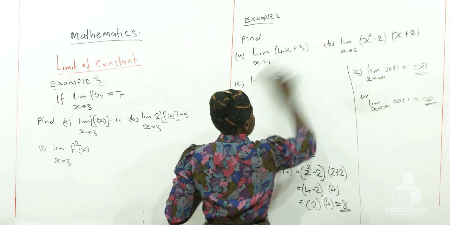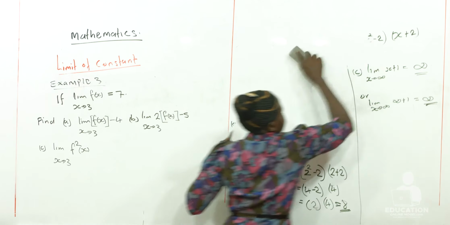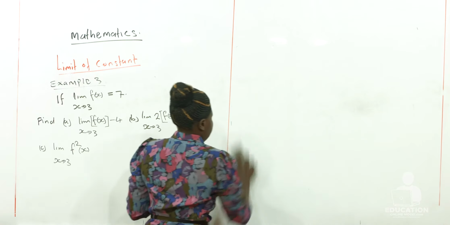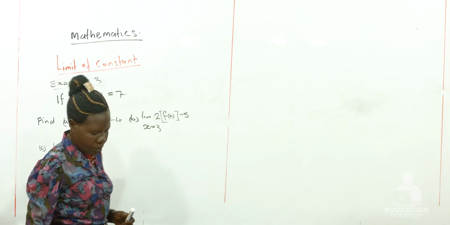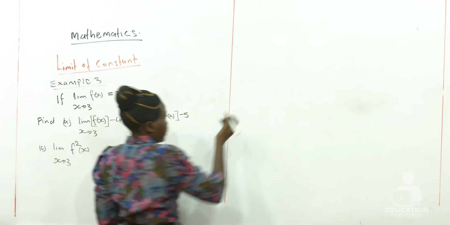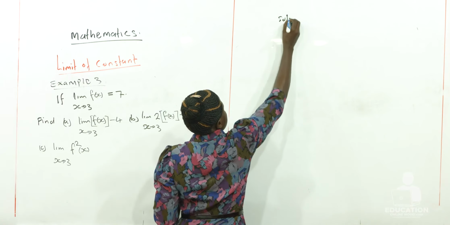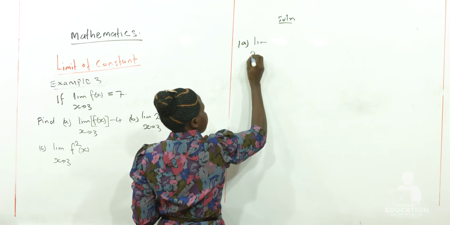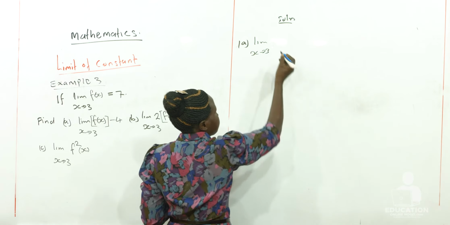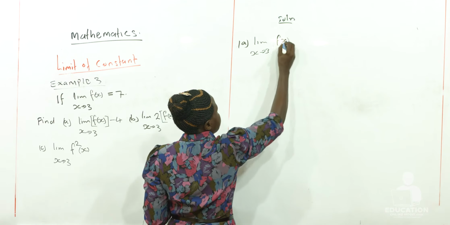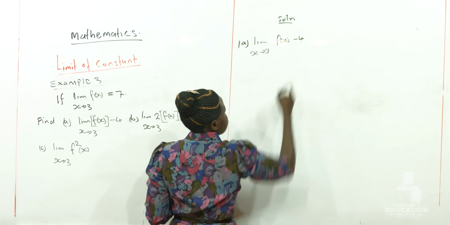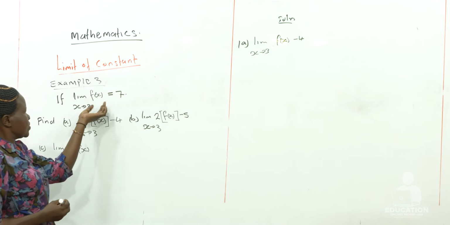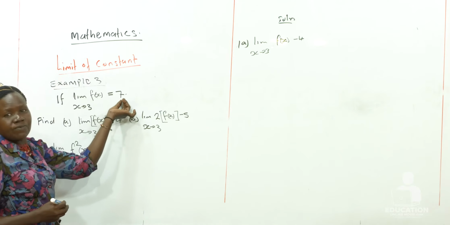Solution for part A. Part A is the limit as x approaches 3 of f(x) minus 4. So you come to the body of your question here, they say the function which is given is 7.